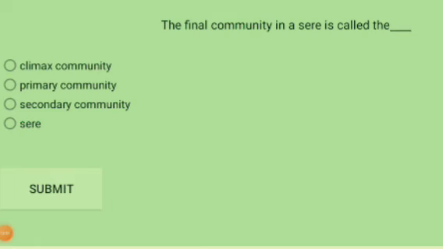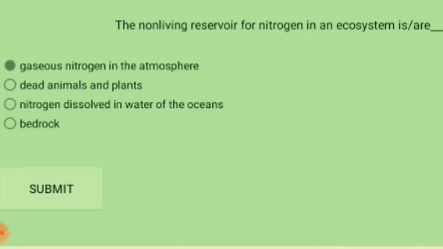The final community in a sere is called option A climax community, B primary community, C secondary community, D sere. So it's actually climax community. The non-living reservoir for nitrogen in an ecosystem is option A gaseous nitrogen, B dead animals and plants, C nitrogen dissolved in the water of oceans, D bedrock.